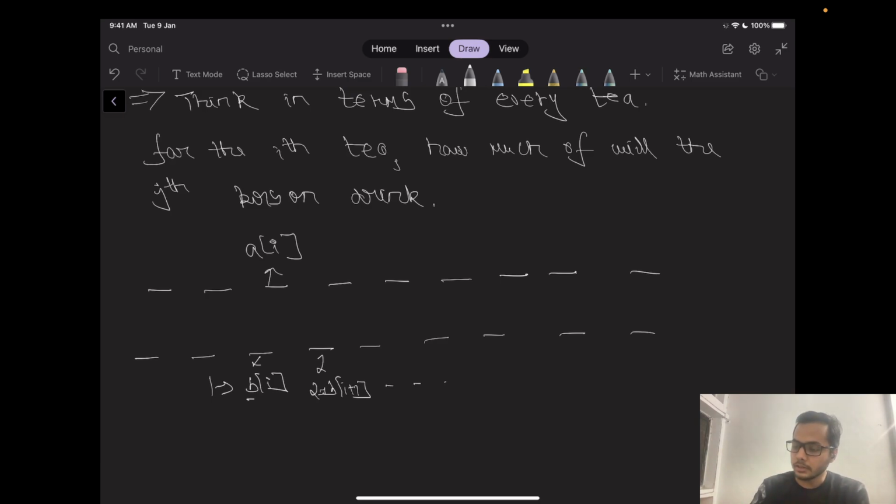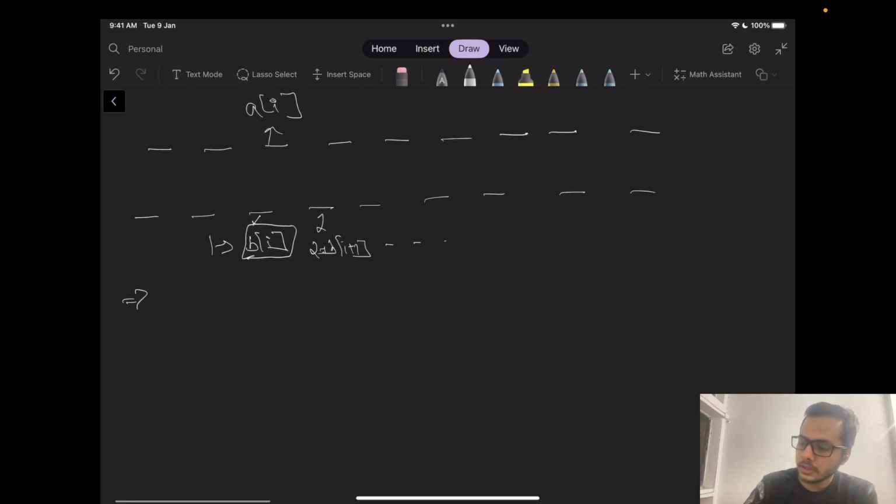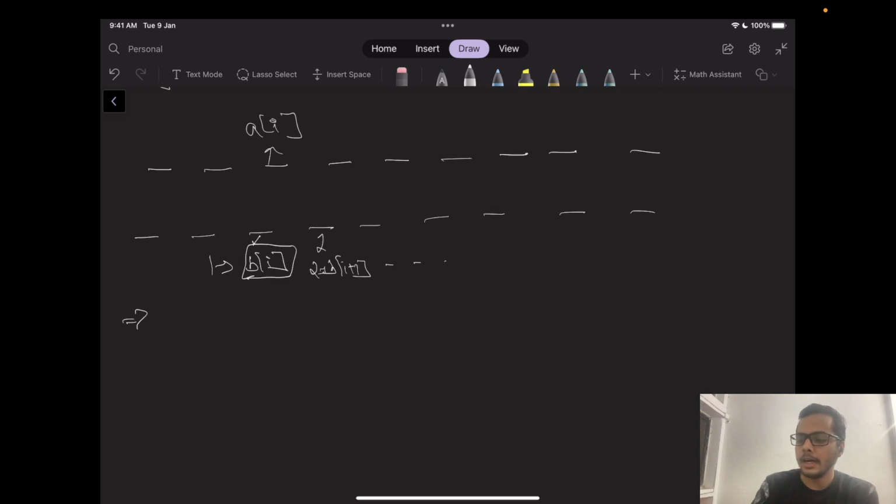In the first iteration, let's make two cases. Two things can happen. Either the ith person can completely finish the ith tea, or he will finish his own capacity bi, and ai will get decreased by bi.